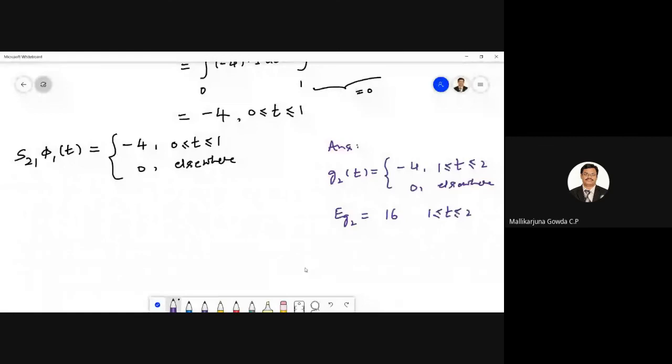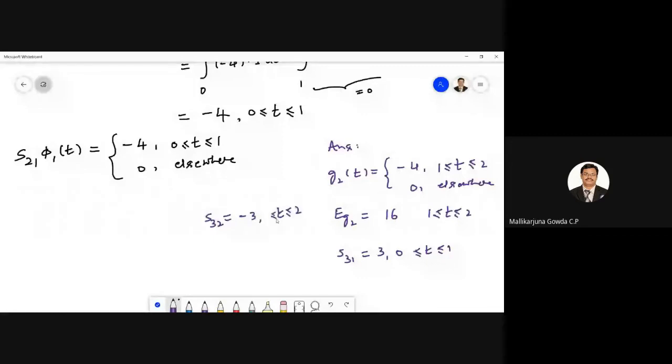The value of S31 will be equal to 3 over the interval 0 to 1. The value of S32 will be equal to minus 3 over the interval 1 to 2.